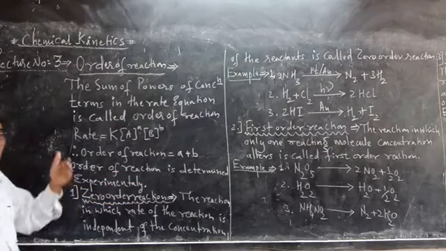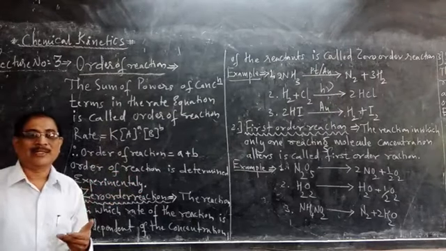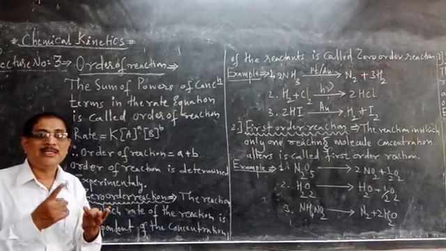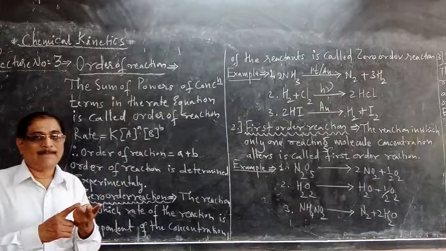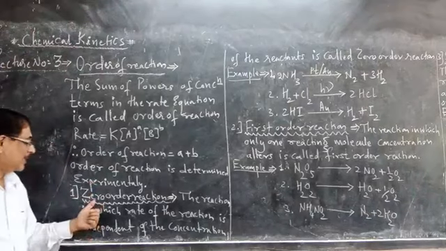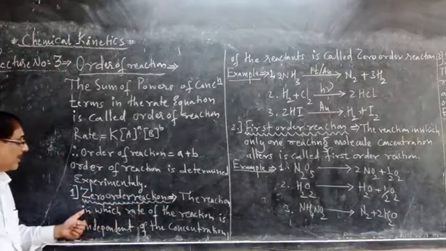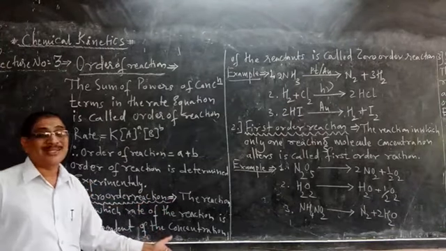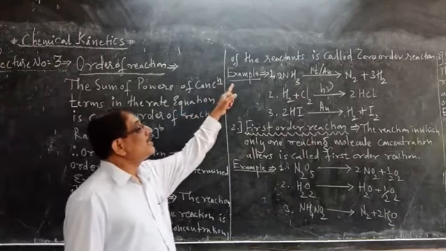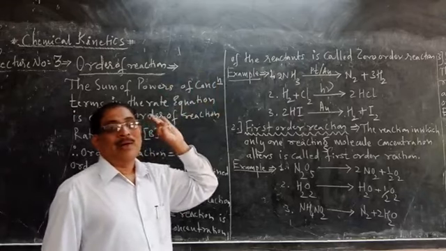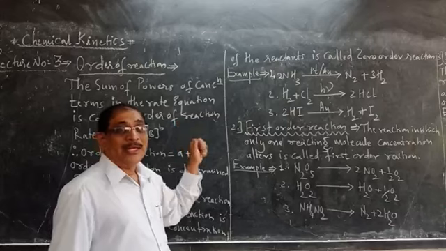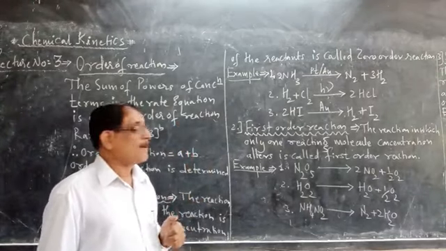Okay. Now, as I told you, there are three types of order of reaction: zero order reaction, first order reaction, and second order reaction. What is zero order reaction? The reaction in which the rate of the reaction is independent of the concentration of the reactant is called a zero order reaction, independent of initial concentration.